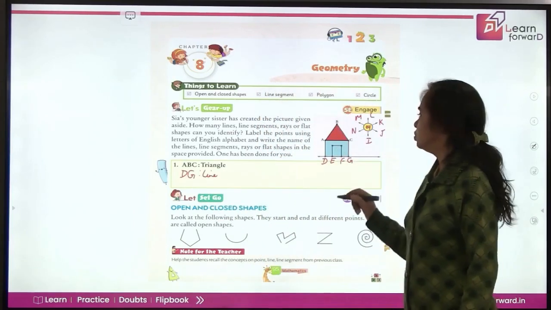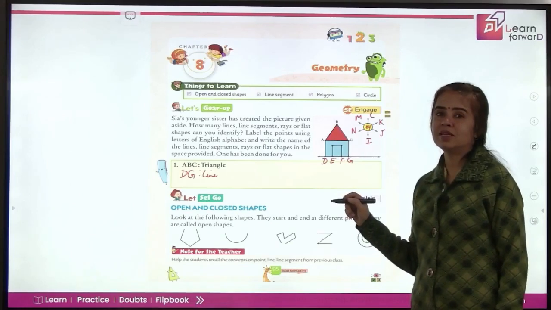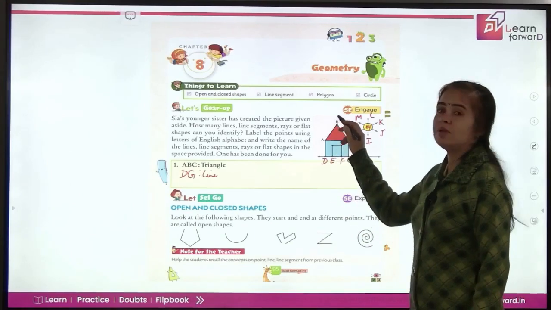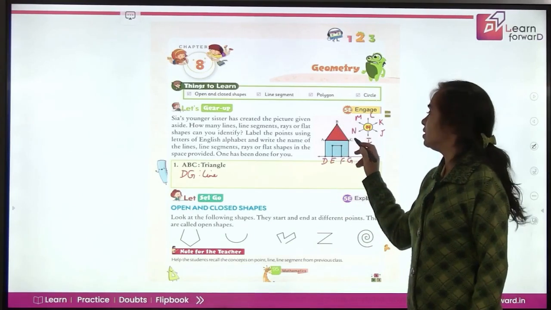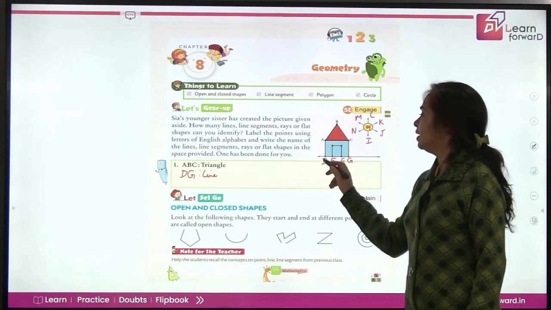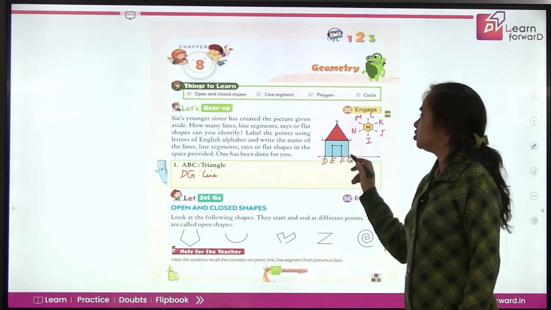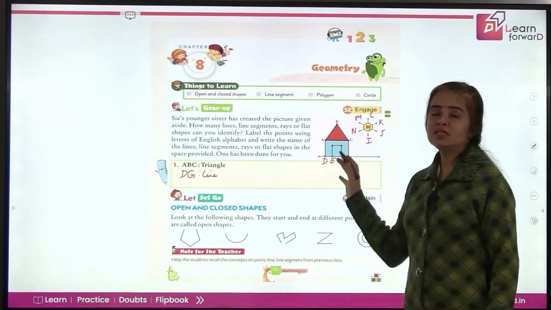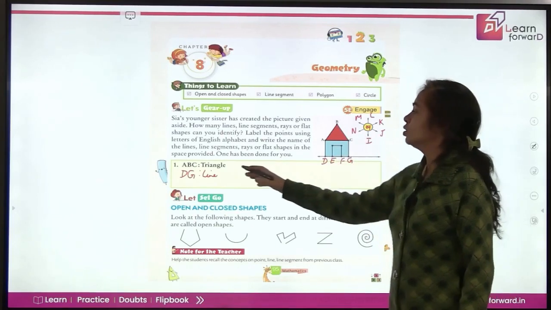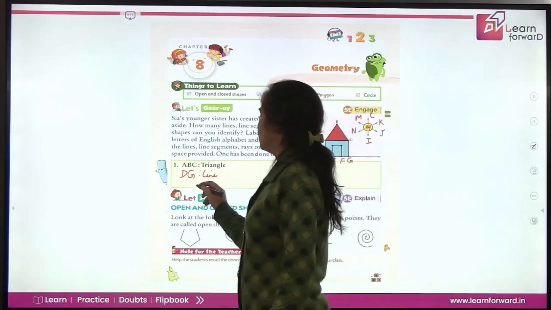Now what else do you see here? Do you see some line segments here? Yes, AB is a line segment, BC, then CA, then AD, DE, EF, EG, FG, DG, GC. All these are line segments. So you can just mention all the names here.